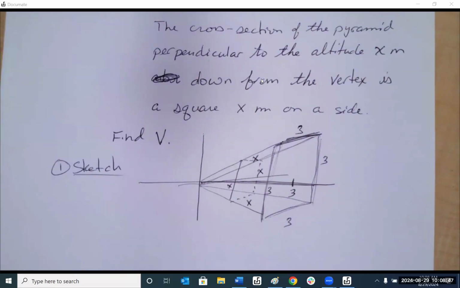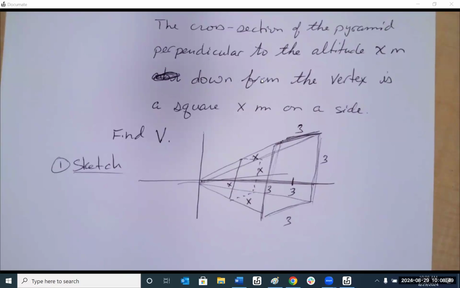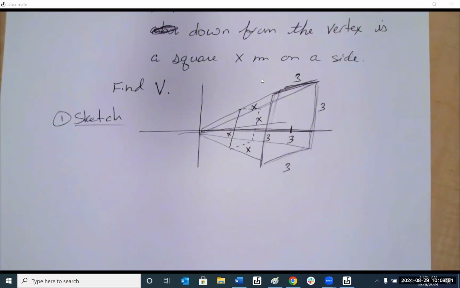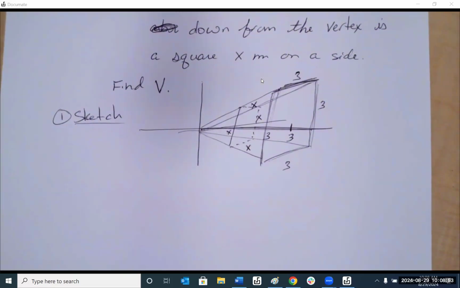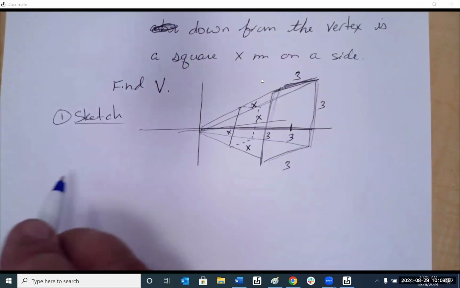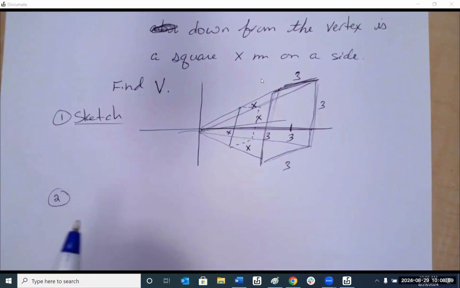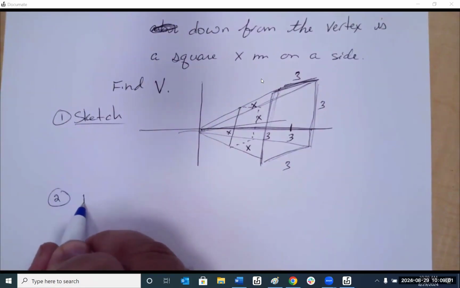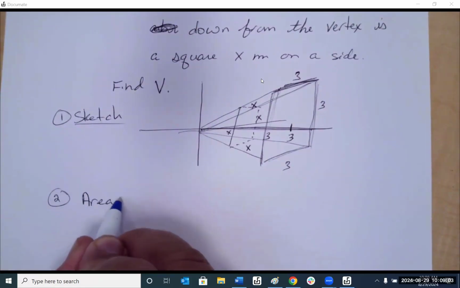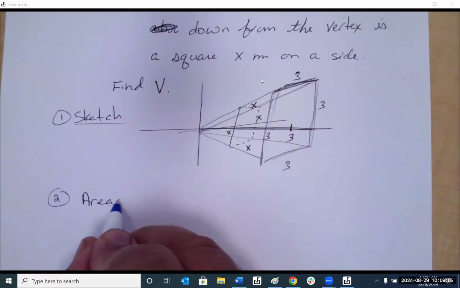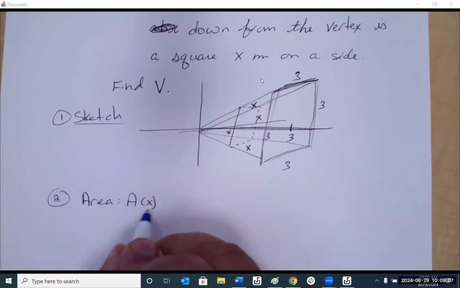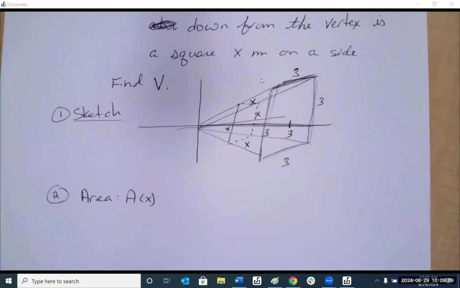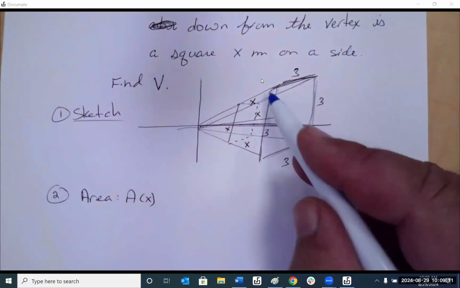Step 2, find the formula for the area. It's a square.